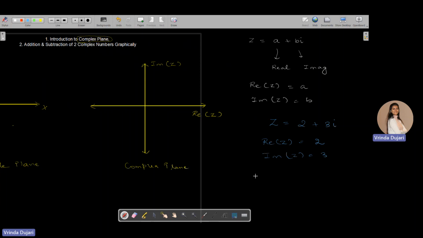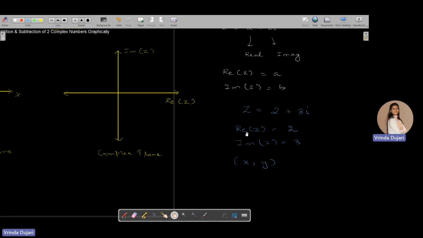You know how in the coordinate plane you have a point with coordinates x, y, right? Similarly here, we will also have a point with coordinates x and y. It's just that in place of x, we will have the real part, and in place of y, we will have the imaginary part.